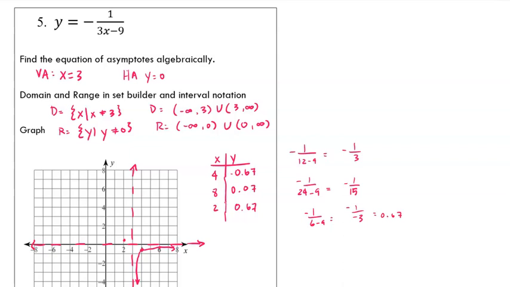I have a feeling that this is going to get closer, so I could put a 0 in there if I wanted to. 0 and negative 1 over negative 9, 1 over 9, which is 0.11. Like that. There we go. There's your graph. Good job, guys.